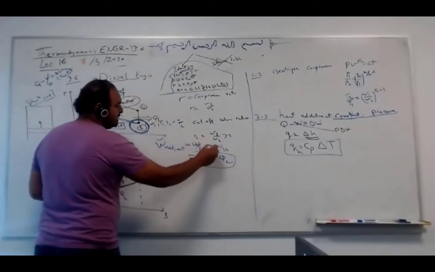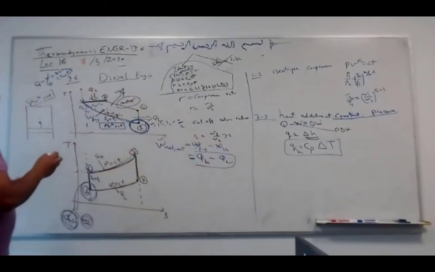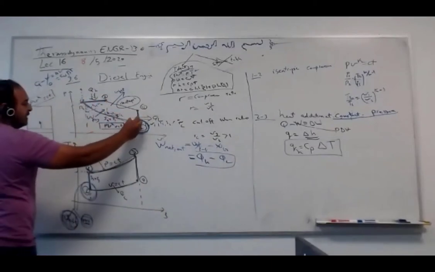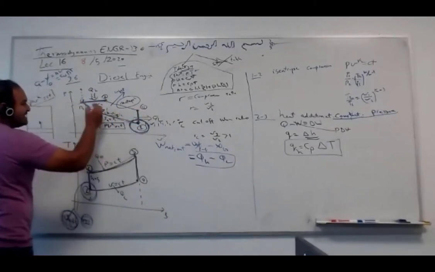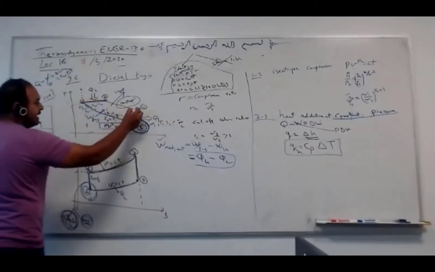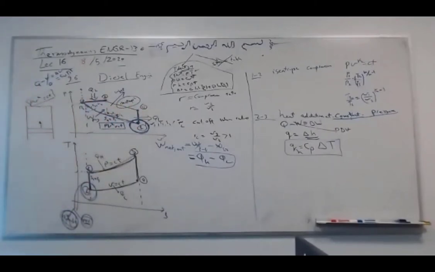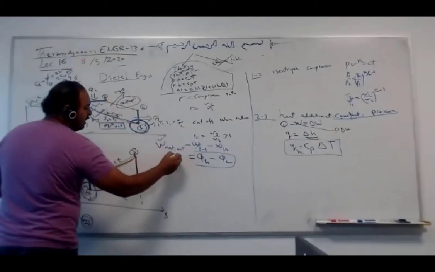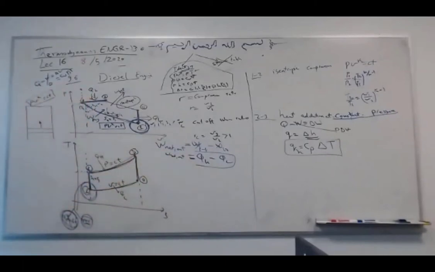We don't use the other much. We usually use Q high, which is again a process. Always heat is with a process, unlike properties, which are associated with a state. That's the ABC of thermodynamics. So W net, which is this minus this, is equal to Q high minus Q low, exactly like what we did in chapter 6.